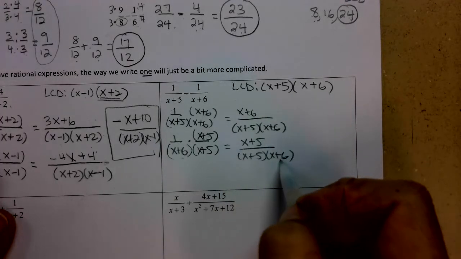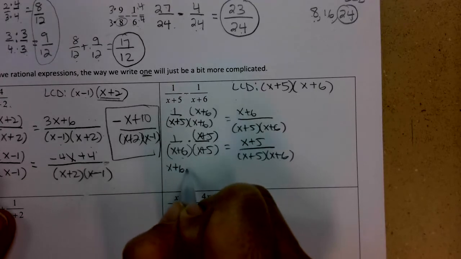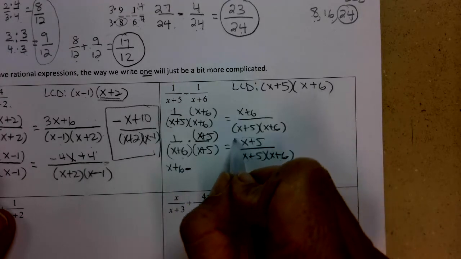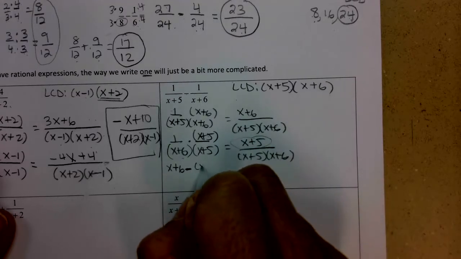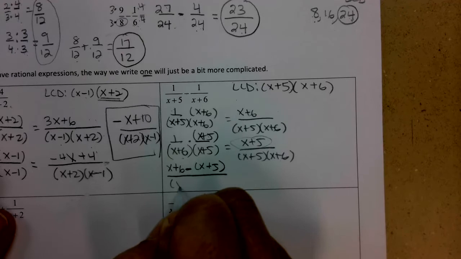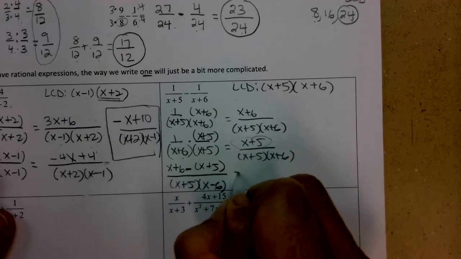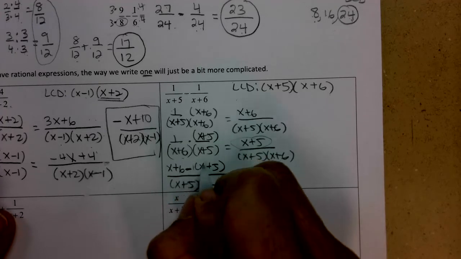So then it's top fraction minus bottom fraction. So x plus 6 minus, and then I'm subtracting off all of the x plus 5, so I'm going to put it in parentheses. And we have our common denominator. So go ahead and distribute your negative 1.